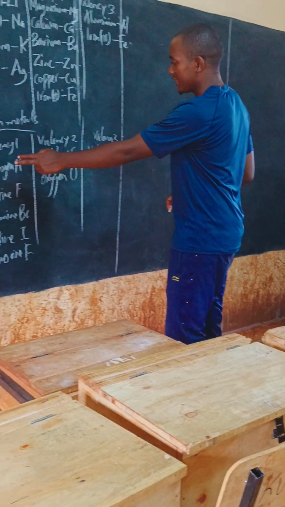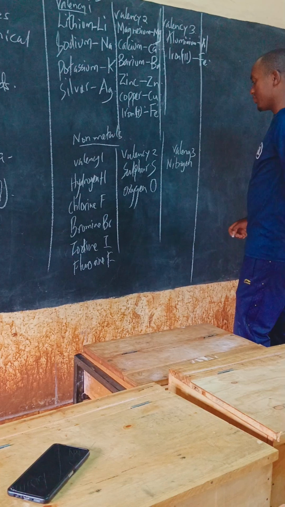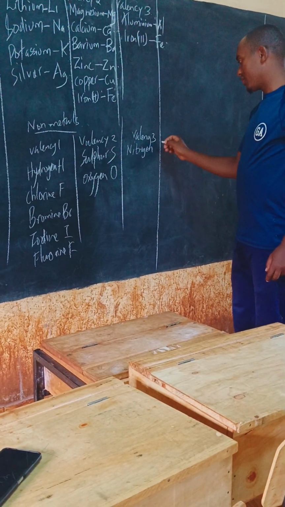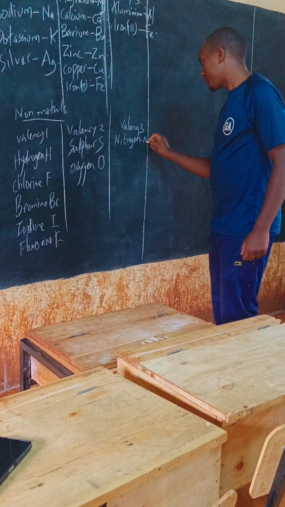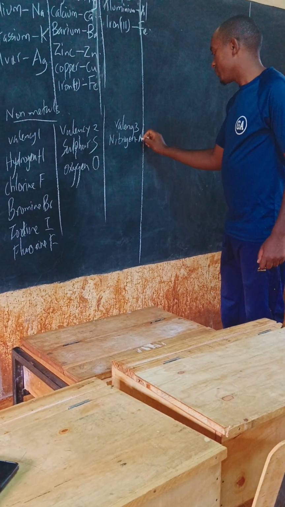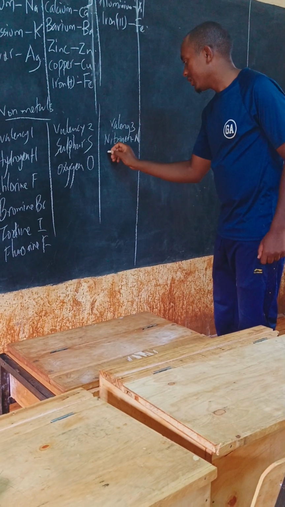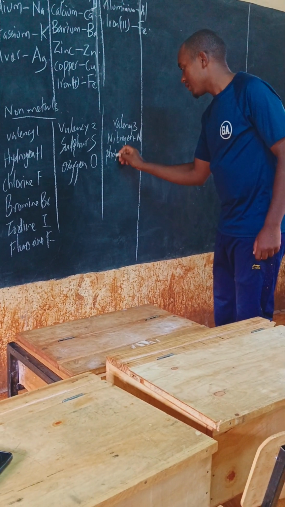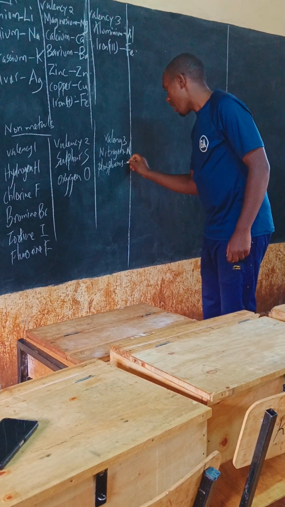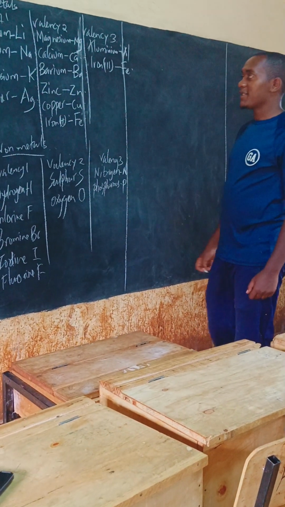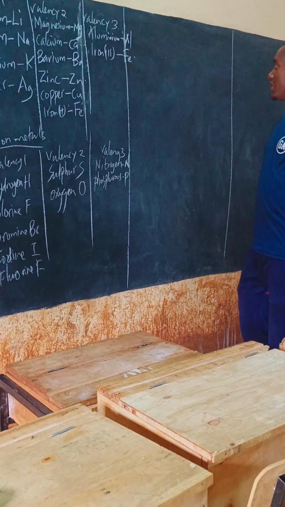Though nitrogen occurs in valence 1 and 2, and also valence 3. Nitrogen's symbol is N, and we have phosphorus, P. Very good.